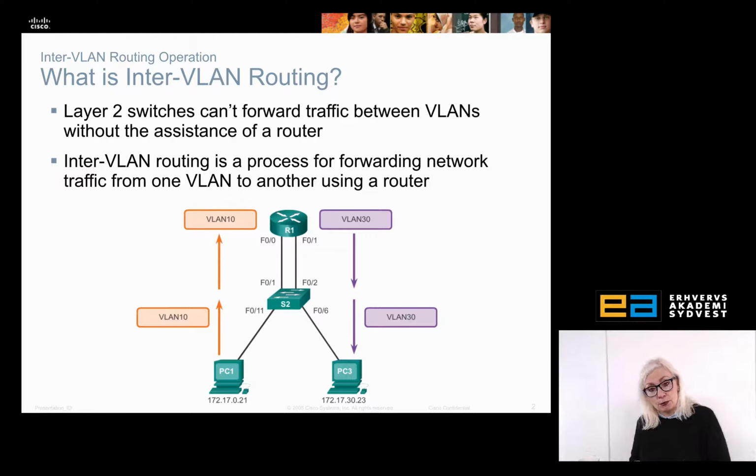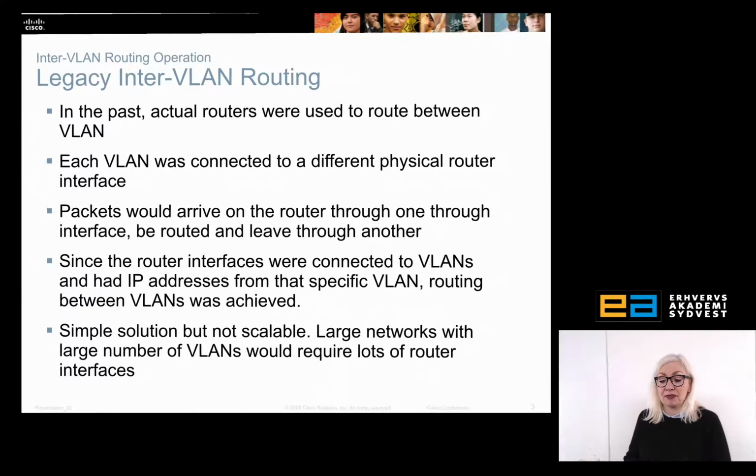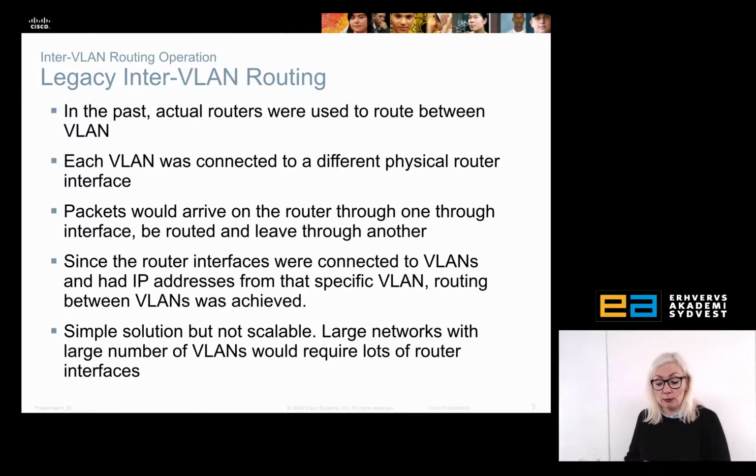And there are different ways of doing that. One way is to just add a router and to add a physical interface per VLAN, which is called the legacy configuration of inter-VLAN routing. This, of course, is not very scalable because we need a physical interface for each VLAN.